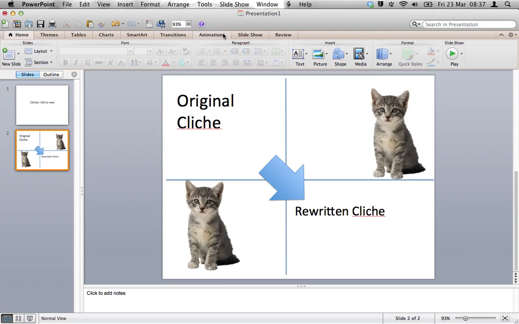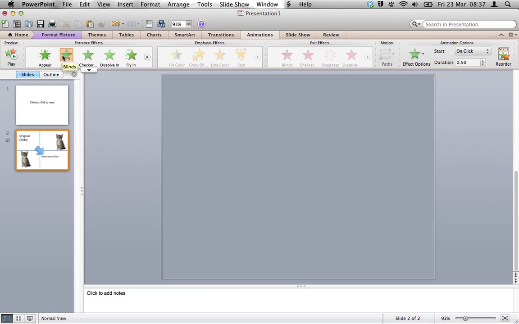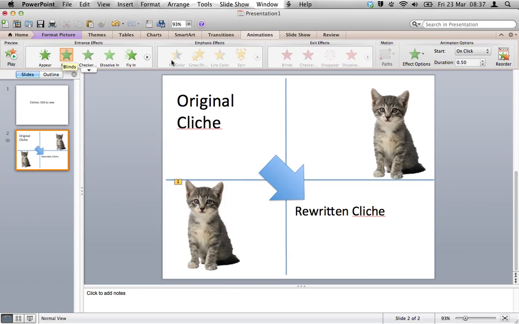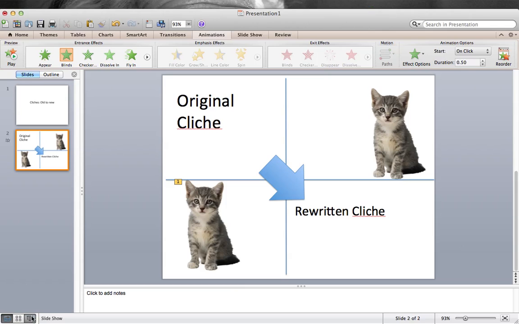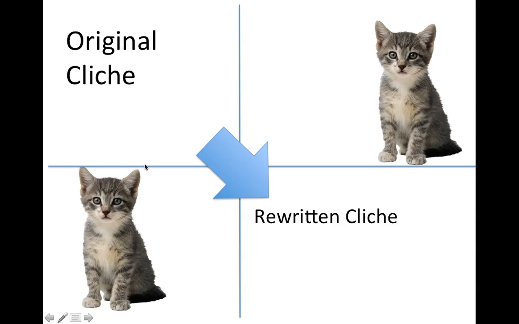Now, if you think it looks dull at the moment, we can add animations. So if we click on the animations ribbon, we can have it blinds in. We can have a look and see what happens when we do that. It should just come in through blinds. Let's try that. There we go.